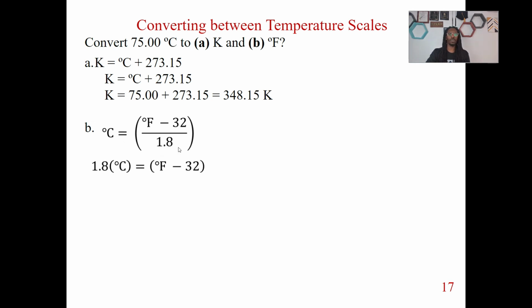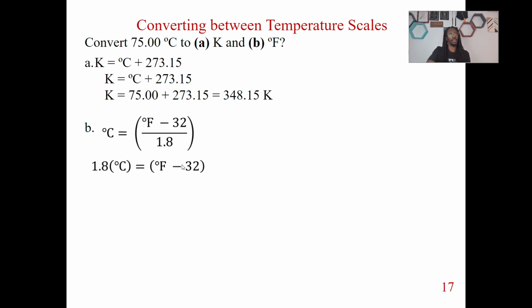So you cross multiply to get your 1.8 times your Celsius. This is what we see on this side. And when you cross multiply, remember, this is going to stay the same. So now I have Fahrenheit minus 32 on this side. We're still not done though, because we've got to solve for F. Like I said, it's algebra. We're just getting started with this algebra stuff.